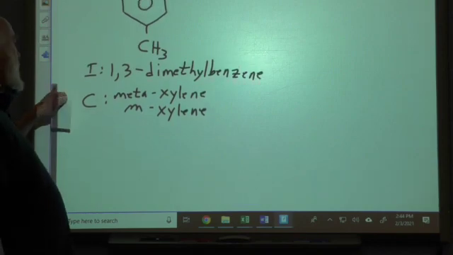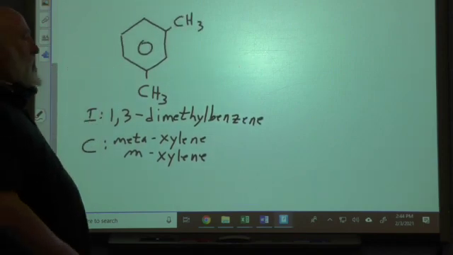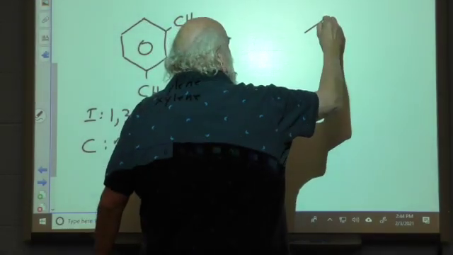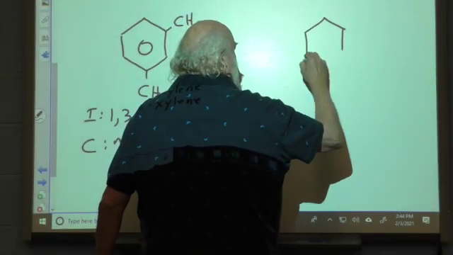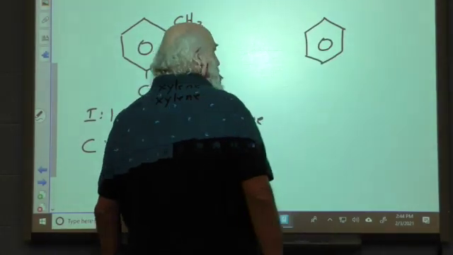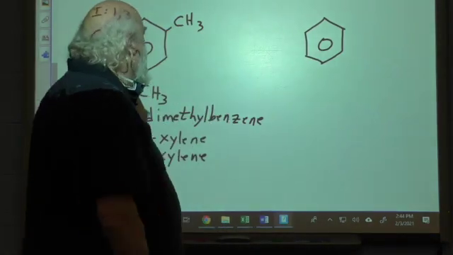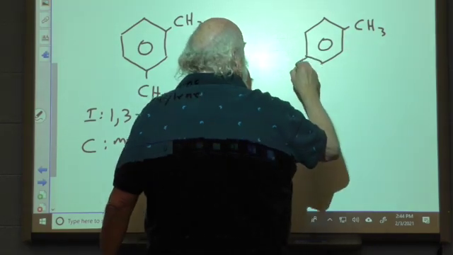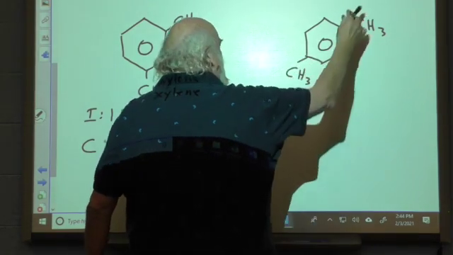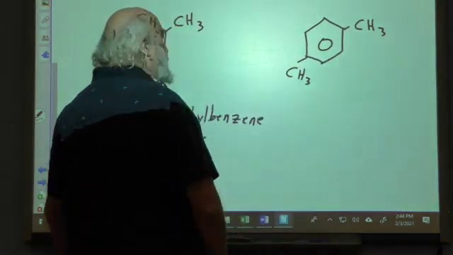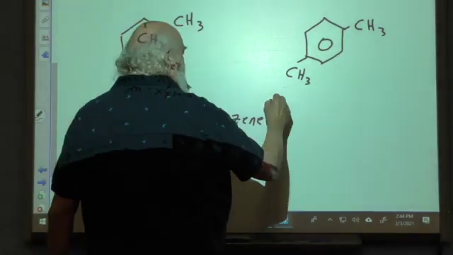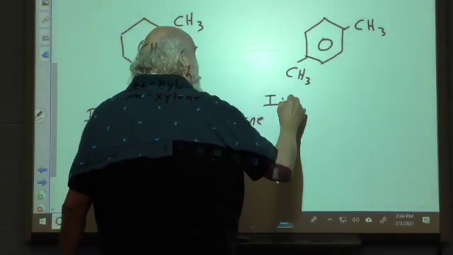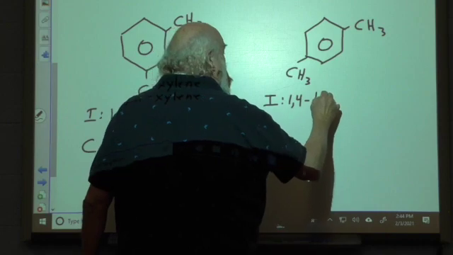Okay, wonderful. Oh, we can move it all the way across like I was talking about a little bit ago. So we'll put a methyl group there, and we'll put this over here. Exactly opposite each other. So IUPAC says, well, that's easy. That's 1,4-dimethylbenzene.